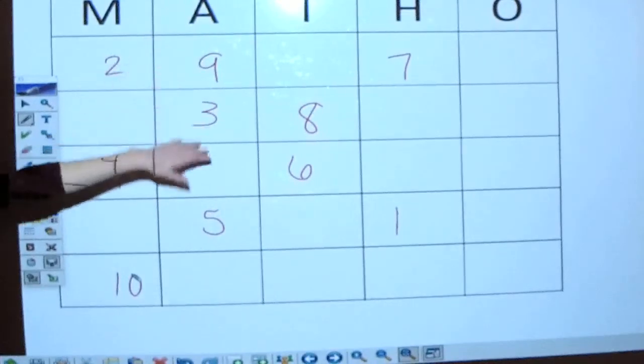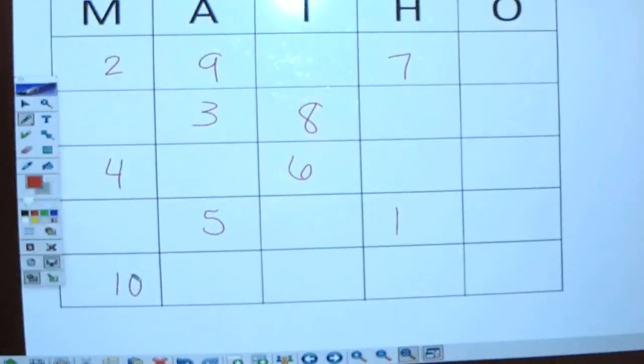No free space. Number them 1 through 25. Do not duplicate any numbers and do it randomly. You don't want to just go in a row because you won't get a bingo if you do that. So do it all over the place.